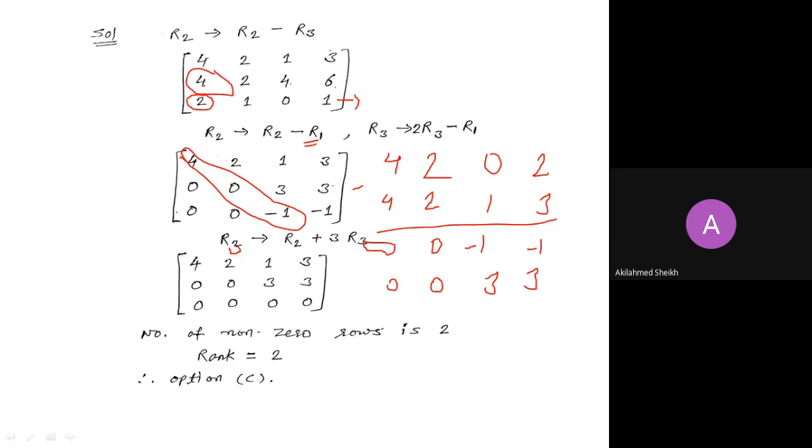Multiplying R3 by 3, it becomes 0, 0, minus 3 and minus 3. So when we add, we get all elements as 0, that is 0 0 0. So in this case, the number of non-zero rows is 2. So we can see that the rank of the given matrix is 2. So option C is correct here.